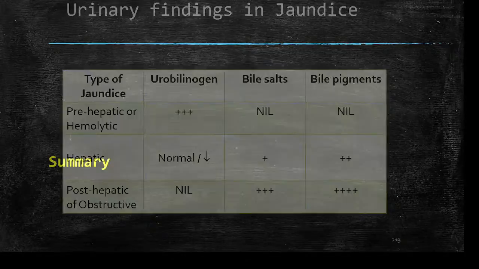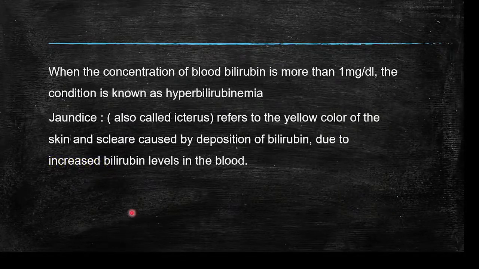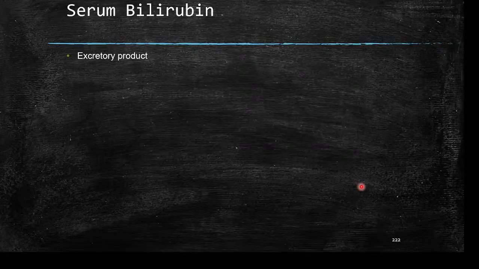obstructive jaundice. Okay. So when the concentration of blood bilirubin is more than 1 milligram per deciliter, the condition is known as hyperbilirubinemia. Jaundice refers to the yellow color of the skin and sera caused by deposition of bilirubin. This is due to increased bilirubin levels in the blood.